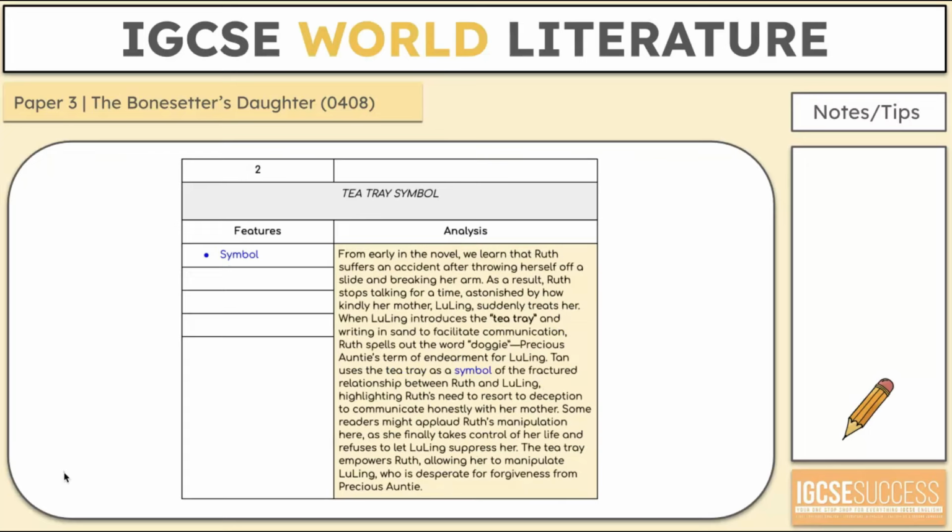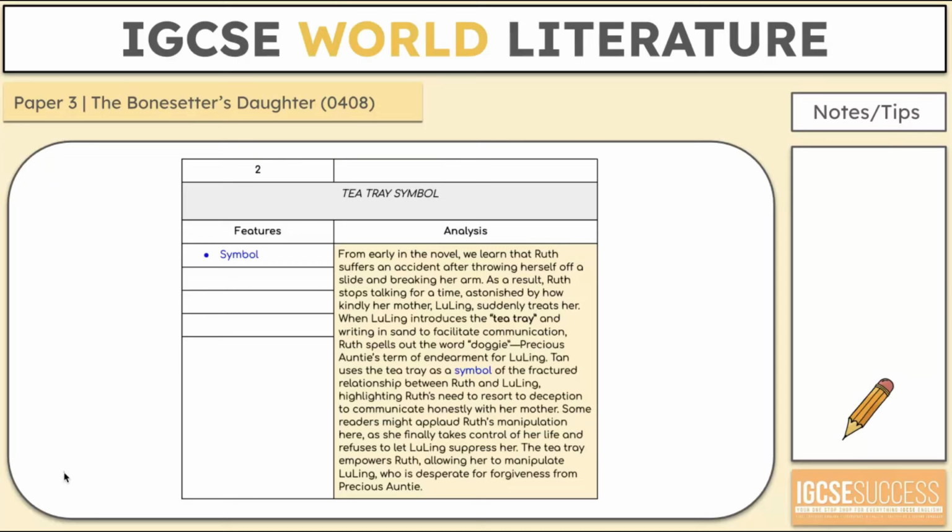So our second one, of course, is that very important tea tray symbol. So let's take a read. From early on in the novel, we learn that Ruth suffers an accident after throwing herself off a slide and breaking her arm. Textual reference. I'm contextualizing the quotation. As a result, Ruth stops talking for a time, astonished by how kindly her mother, LuLing, suddenly treats her.